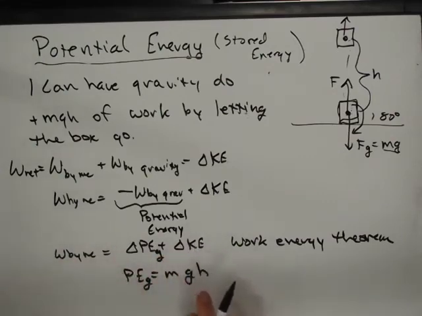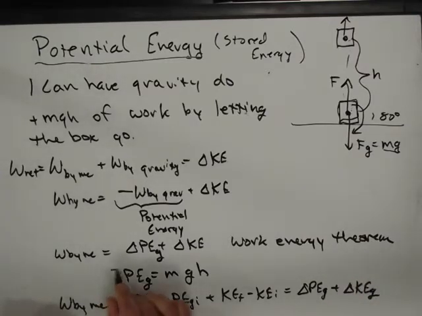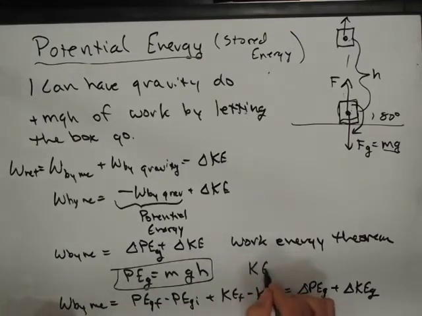And so I have a plus mgh here. So this is the form. I can say, look, work by me equals potential energy due to gravity final minus potential energy due to gravity initial plus KE final minus KE initial. Write it that way. Or as I said, change in potential energy due to gravity plus change in kinetic energy, where the potential energy is defined this way and the kinetic energy is not kinetic energy due to gravity, just kinetic energy.